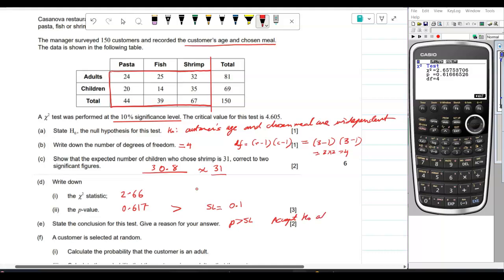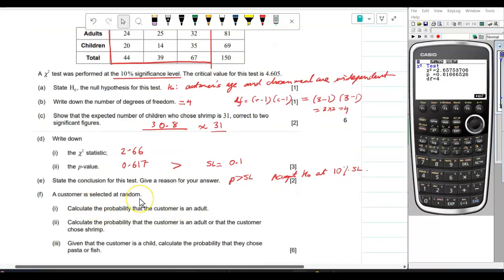If P is greater than SL, you accept H0. If it is less than SL, it rejects H0. Low P, no H0. So at 10% significance, we accept H0.